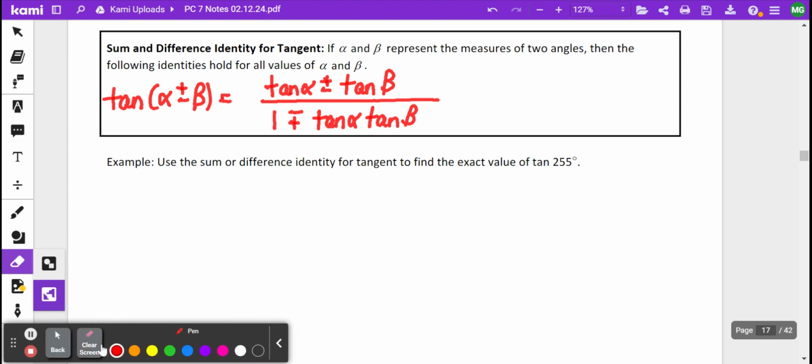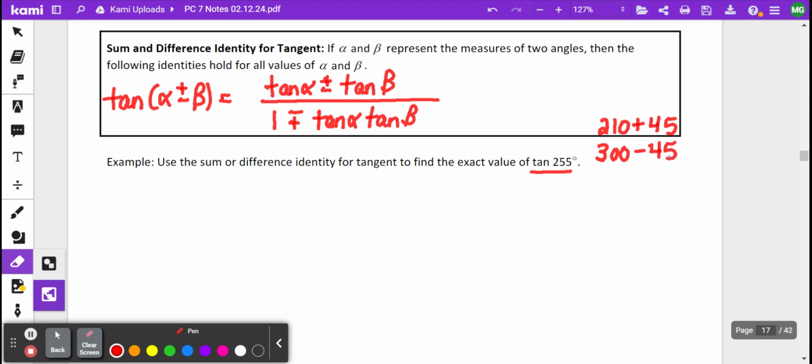Okay, let me erase all this nonsense that I have there. And let's look at my example. So the example that I have here is the tangent of 255. So you might be thinking, I know 210 plus 45 equals 255, and that would certainly work. Or I could do 300 minus 45, and that would also work.